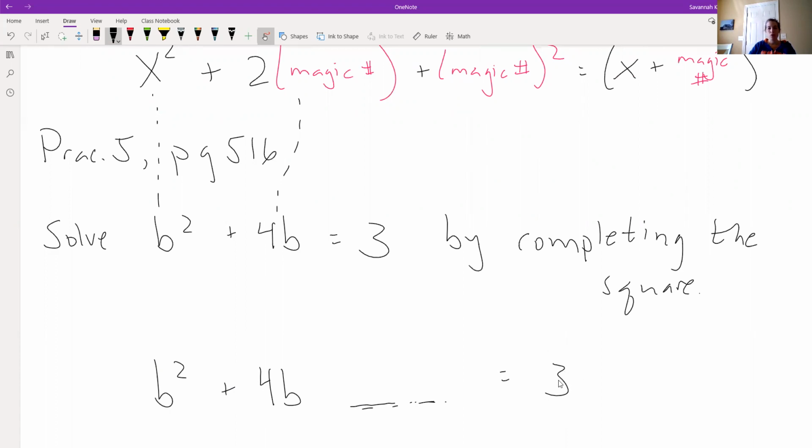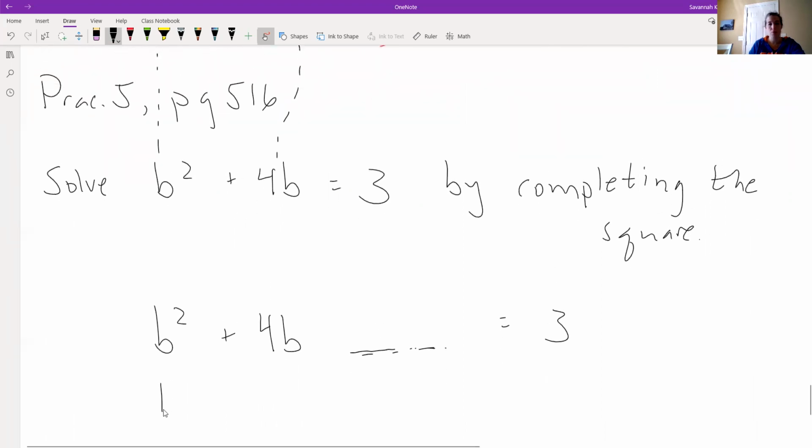Okay, so let's consider here, the middle term needs to be able to be written as 2 times the magic number. So it's the middle term that's really going to reveal the magic number to us. I didn't know what it was before this. So b squared plus, can I write 4 as 2 times something? Yeah, I sure can. 2 times 2.